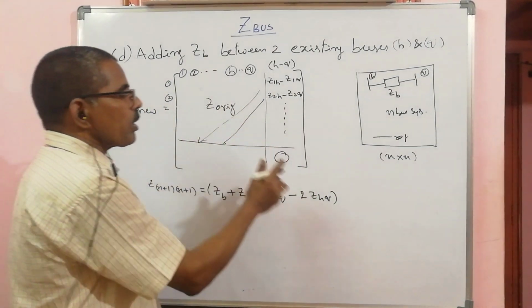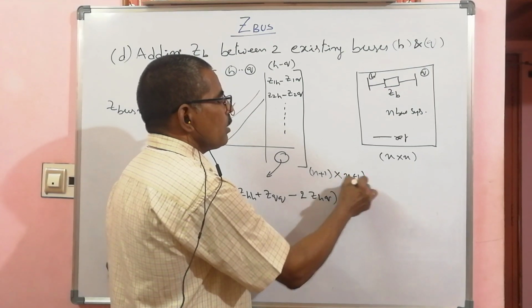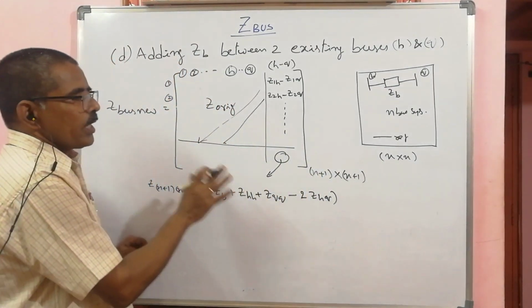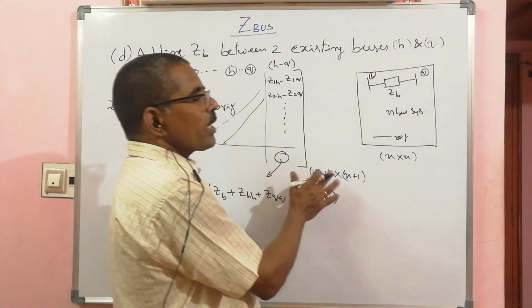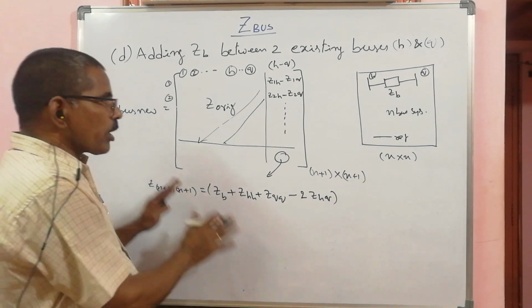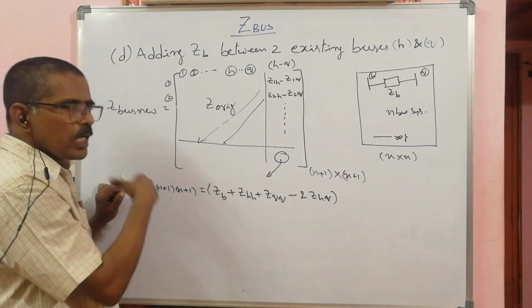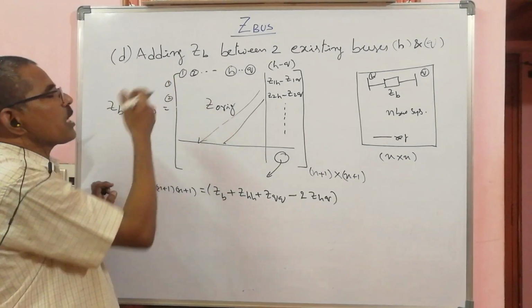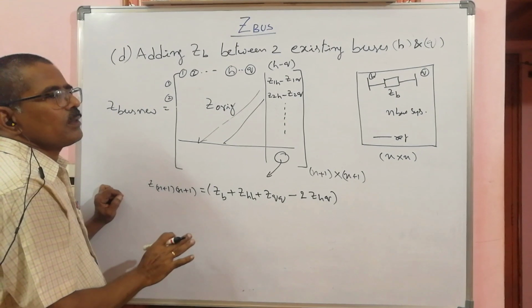That means you are temporarily forming n+1 by n+1, but the dimension does not accept that. The dimension should not increase, it is to be n by n. So what is to be done? You reduce this using the node elimination method, as I said. Use the same formula as we use for case C, and then modify each and every element.